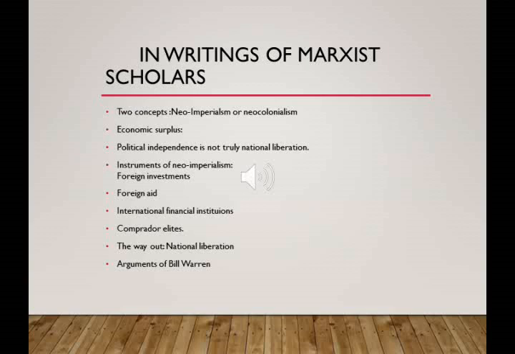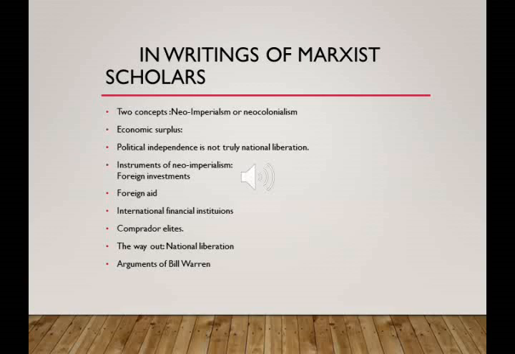All right, so this is one Marxist view of the situation in developing countries. Now, a Marxist scholar, Bill Warren, had a completely different view. He did not have a negative view of political independence. For him, political independence means something significant.